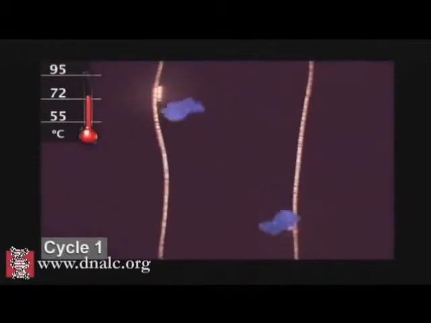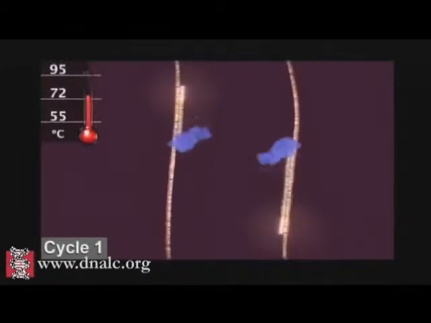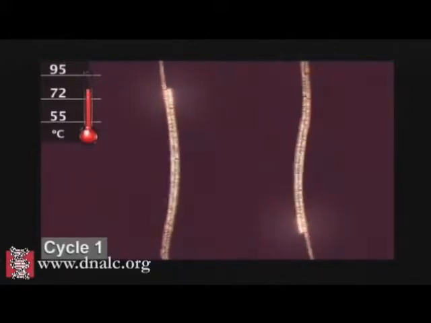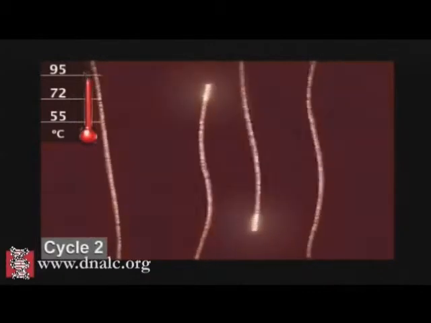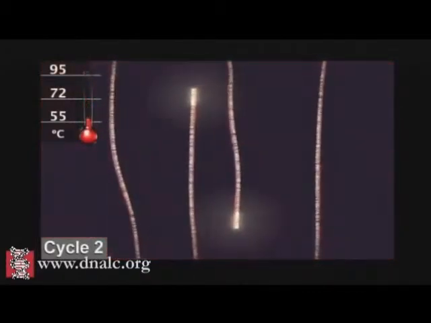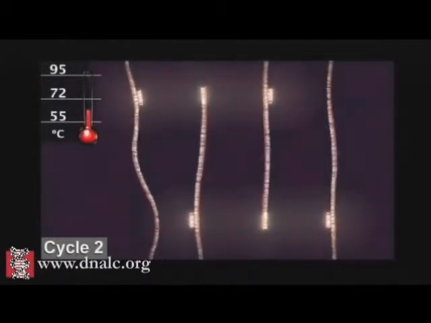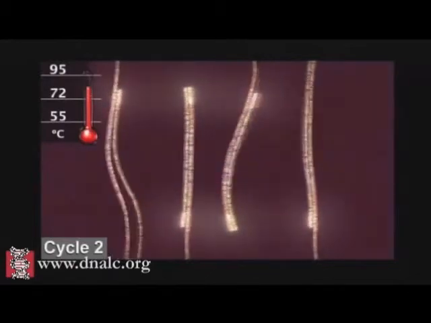At a slightly higher temperature, the enzyme Taq polymerase, shown here in blue, binds to the primed sequences and adds nucleotides to extend the second strand. This completes the first cycle. In subsequent cycles, the process of denaturing, annealing, and extending are repeated to make additional DNA copies.